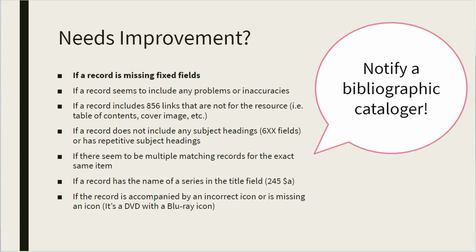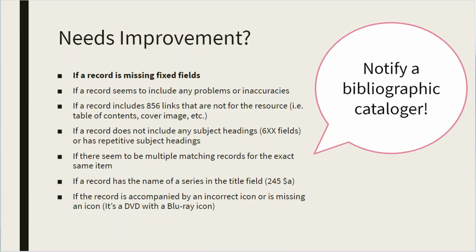So I showed you some of those images earlier. One of the easiest ways to tell if something's wrong with the fixed fields is look at the icons that are associated with this resource and make sure that icon or icons match what you actually have. So if it says it's a Blu-ray but you have a DVD, something's wrong, send it to a bibliographic cataloger.